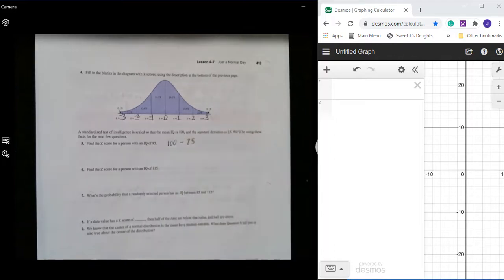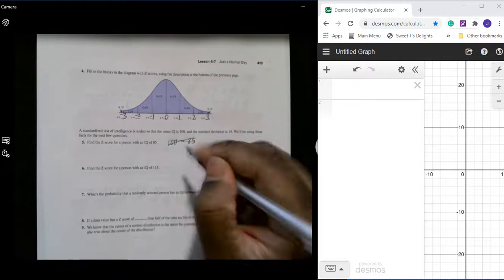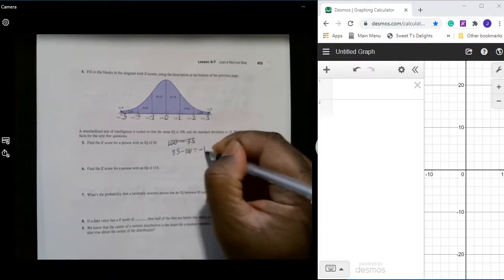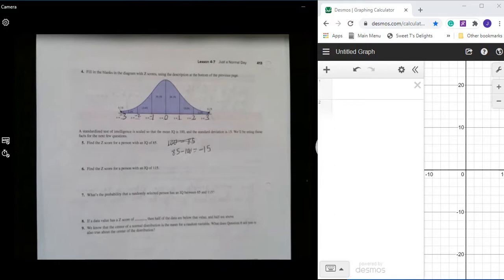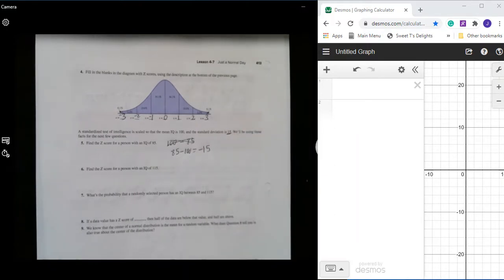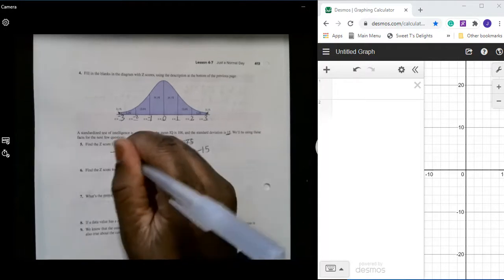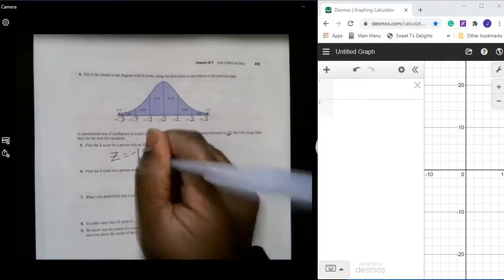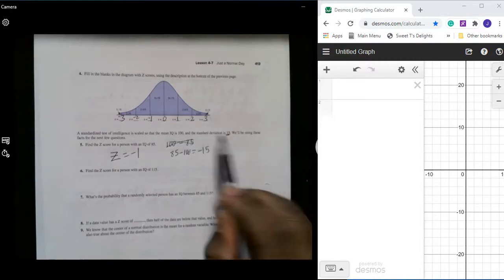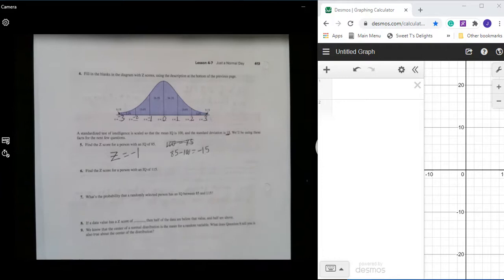So we would end up subtracting, but I actually put this backwards. We should take their score minus the mean, and that would give us -15. Now remember, 15 is your standard deviation. -15 would mean that it is -1 standard deviation away. Because remember, your standard deviation is 15 above, 15 below, in that order.